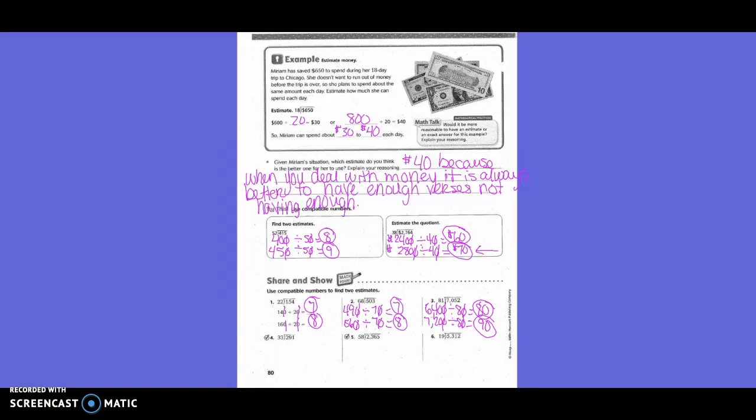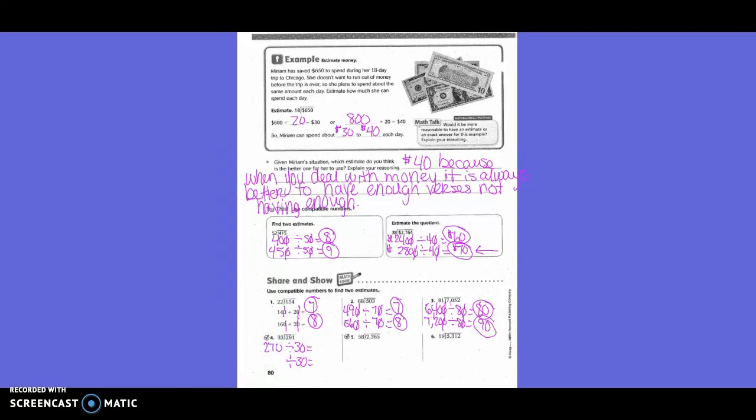Okay. Next one, what am I going to divide by? 30. Okay, what's the multiple of 3 that gets me closest to 29 without going over? 27. So 270.